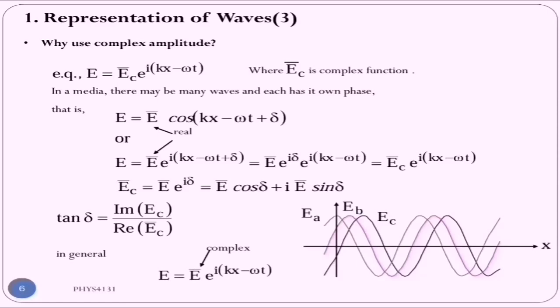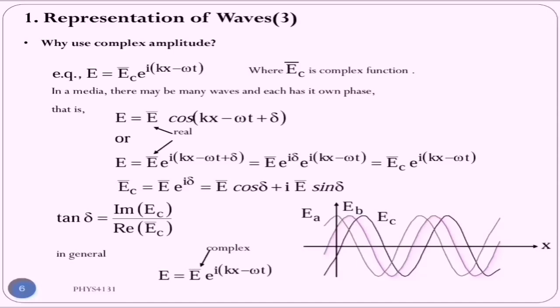If we separate the terms, we can merge e to the power i delta into the electric field magnitude. So we get a complex function EC equal to E e to the power i delta, which can be written as E cos delta plus i E sin delta, and tangent of delta is equal to the imaginary part of EC over the real part of EC.